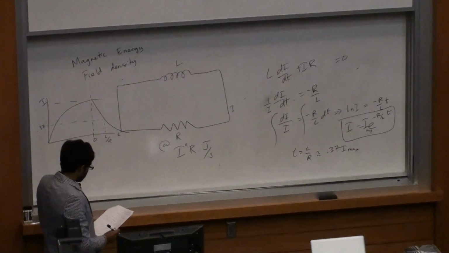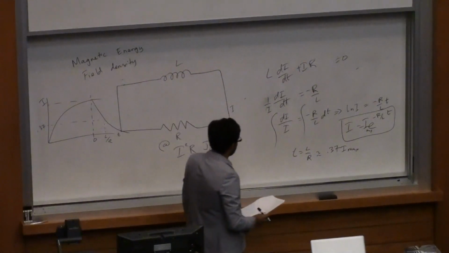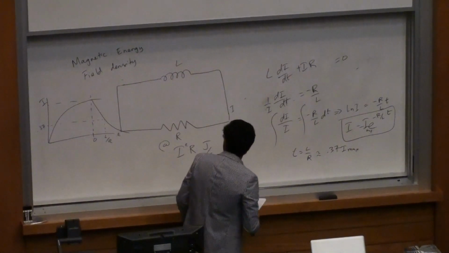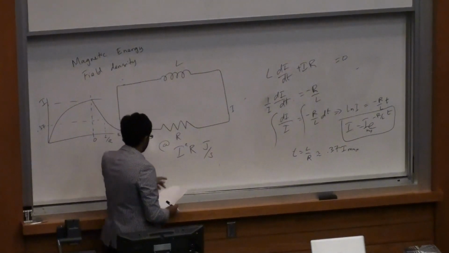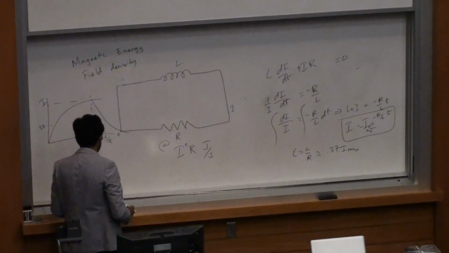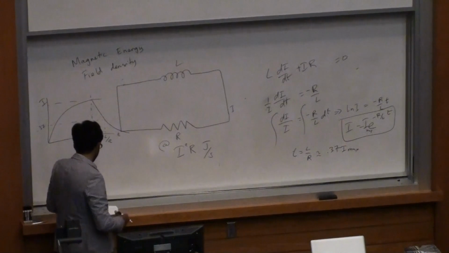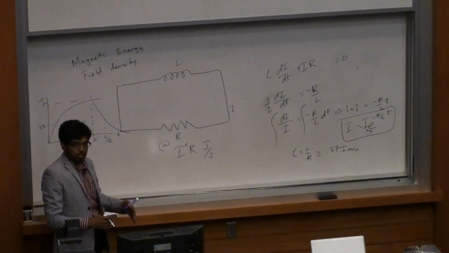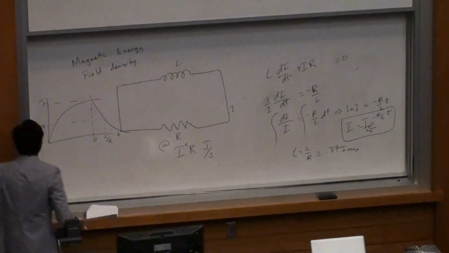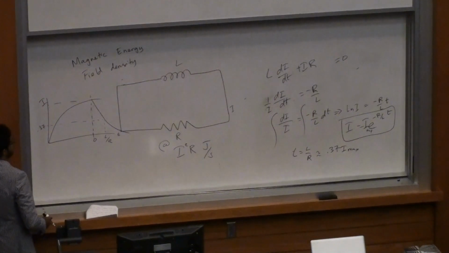Right? So at any moment in time, I know that the heat being produced is I squared R, right? So it's a function of time. So if I was to look at the total heat produced as the current dies out, I would have to take an integral.